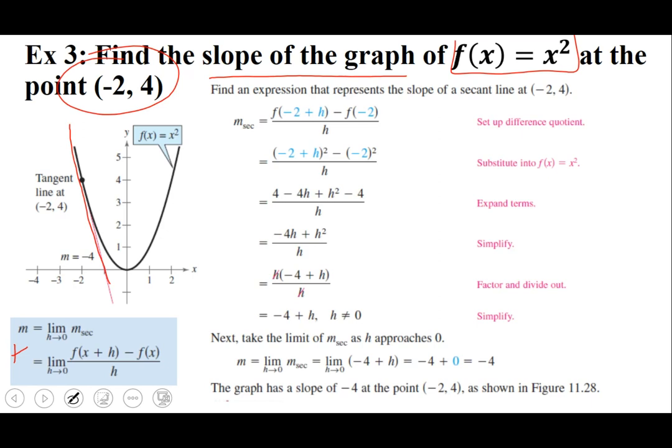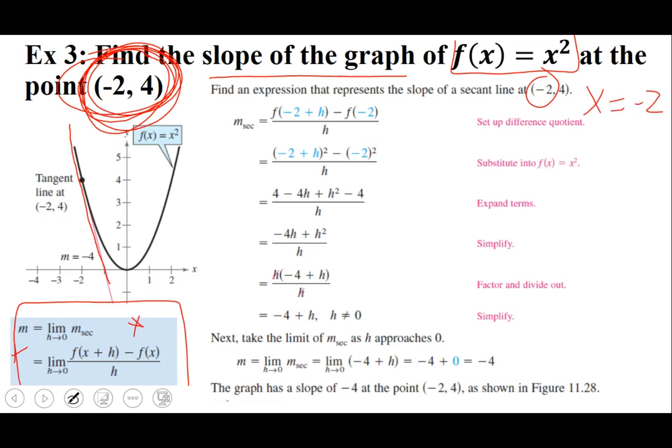So here's the thing. If you're using this process at a specific point, you have to use this formula for a specific value, which in this case is x equals -2. Basically, for the remainder of this lesson, there are two types of problems: finding the slope at a specific point or finding a general slope.